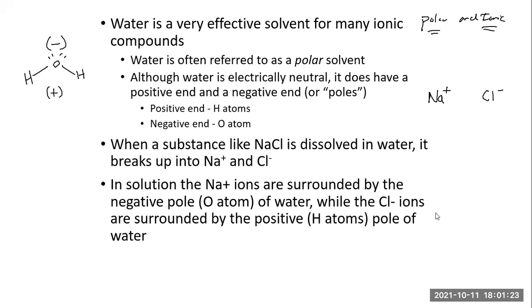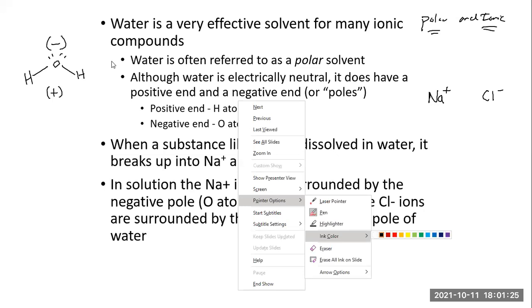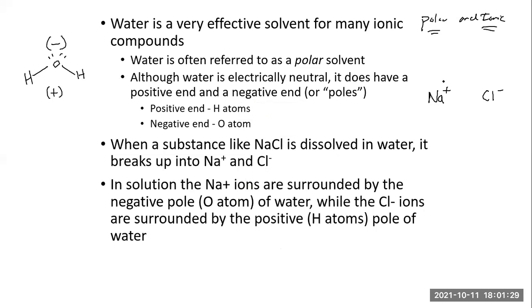Basically, the water will go, cool, I'm going to come over here to this ion that's positively charged, and a bunch of water molecules will surround it by the oxygen. That's because the oxygen is more negative in water, so we have that negative, positive attraction that occurs.